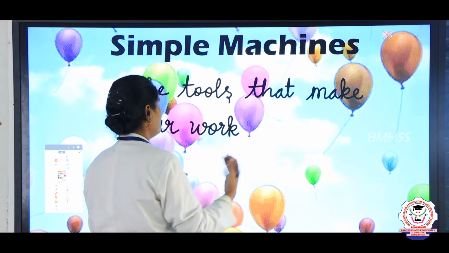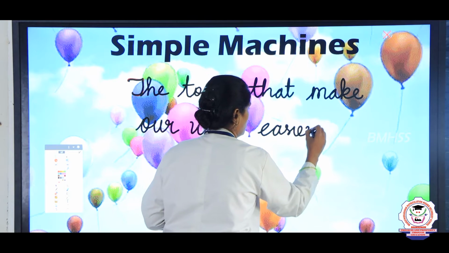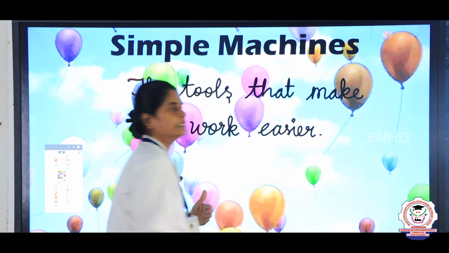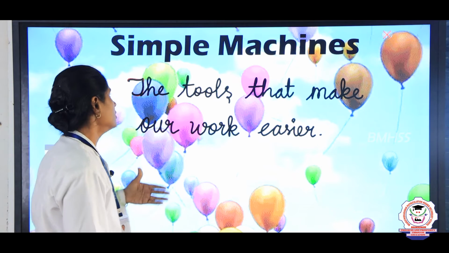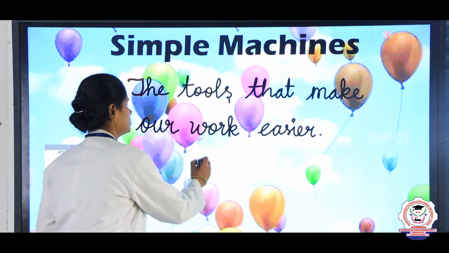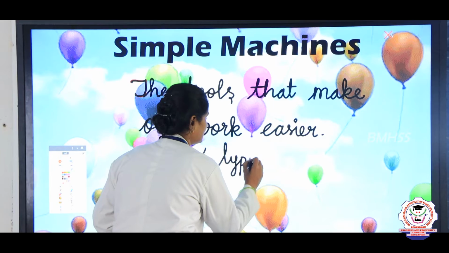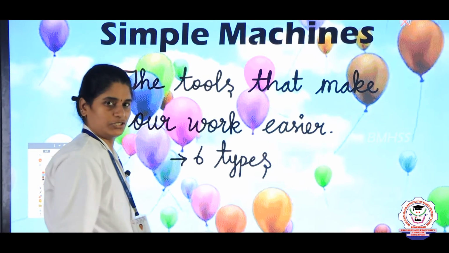So the tools that make our work easier are called simple machines. There are 6 types of simple machines.